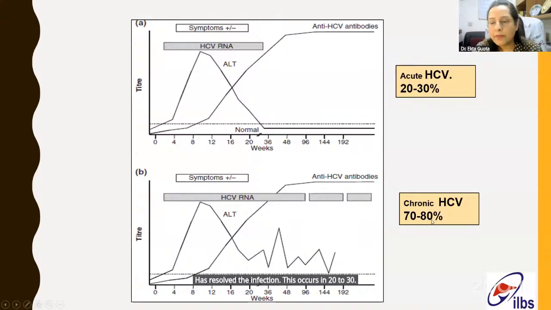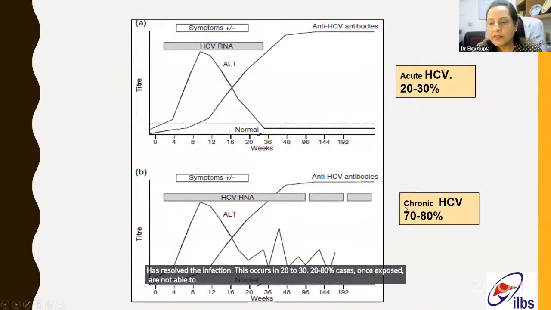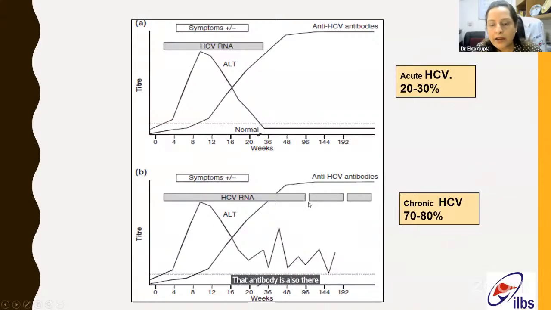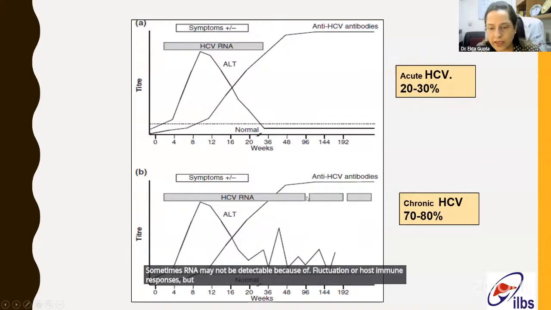70 to 80% of cases, once exposed, are not able to clear the virus, and then we call it chronic HCV, where antibody is also there, but RNA persists beyond 6 months. Sometimes RNA may not be detectable because of fluctuation or host immune responses, but that is very rare. Usually, if a person is chronically infected, you will have antibody, and in 70 to 80%, there will be subsequent RNA positivity.